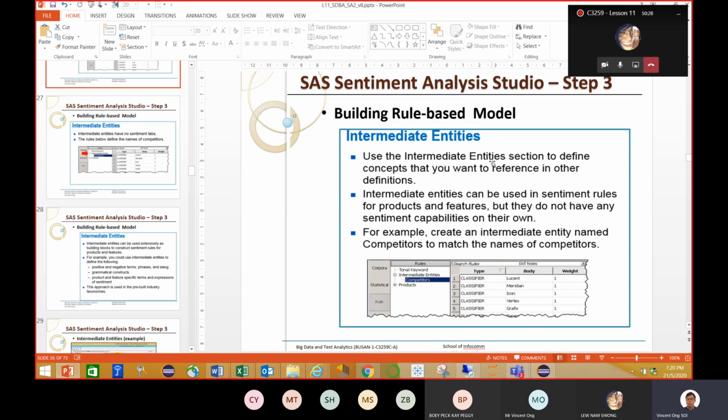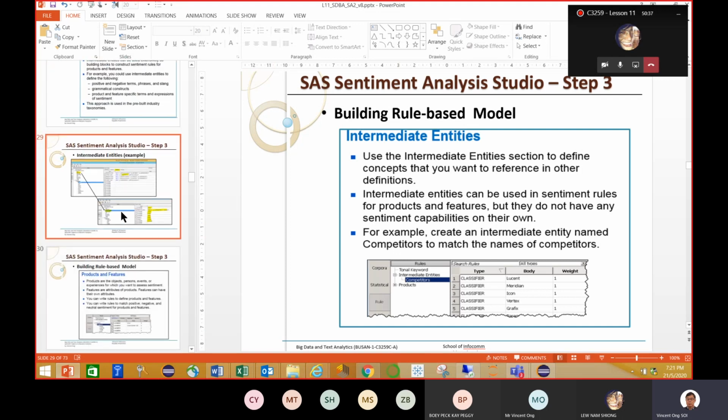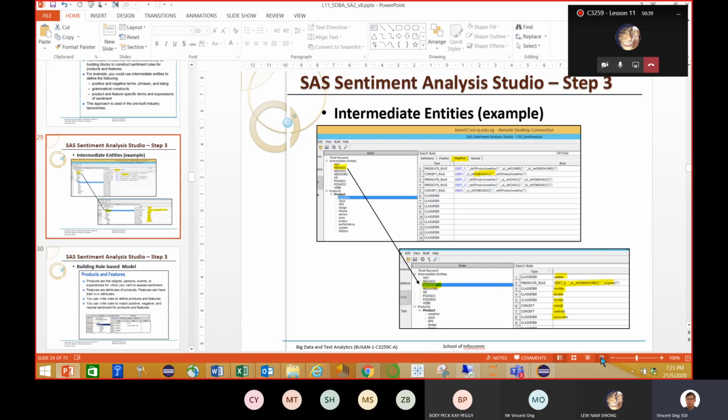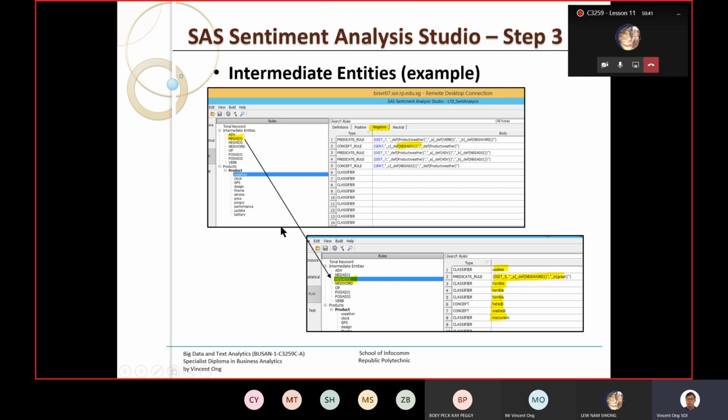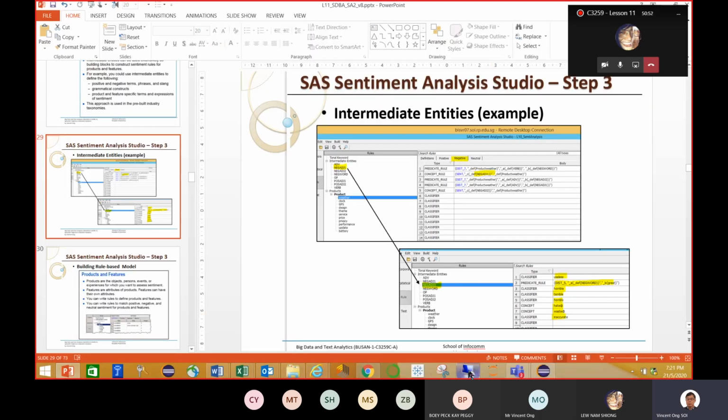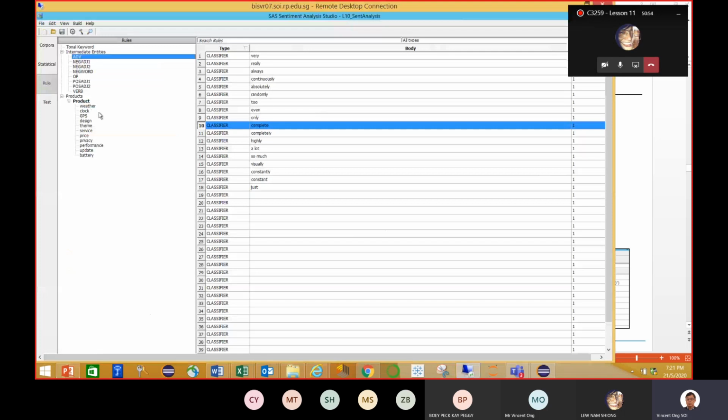Those entities are actually references. For example, this one, right? Let's say I look at this product feature, weather. Maybe I do it on the actual one. Okay, let's look at the weather, right?